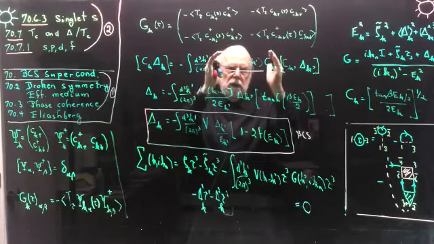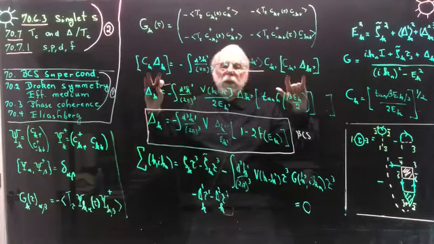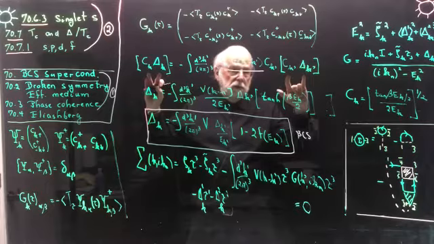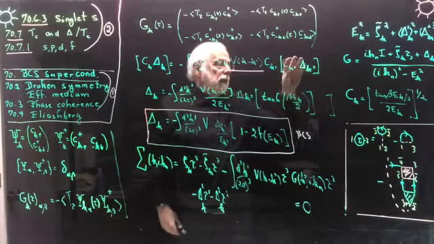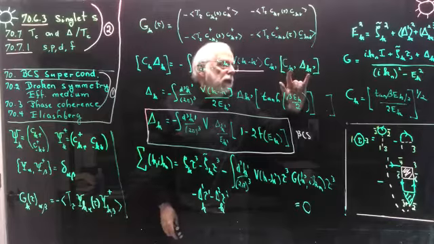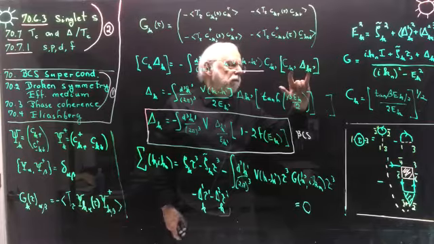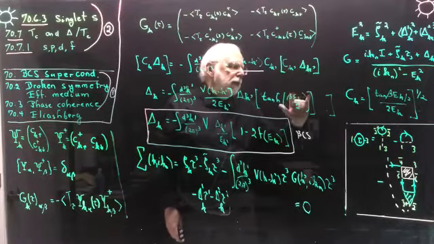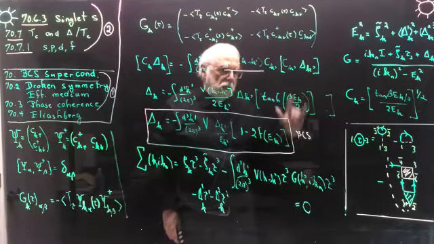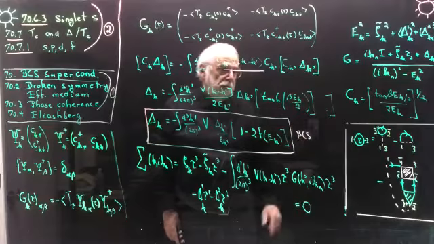So a real symmetric matrix has real eigenvectors. In other words, the dependence on K prime cannot give a complex number when I go down the K prime.